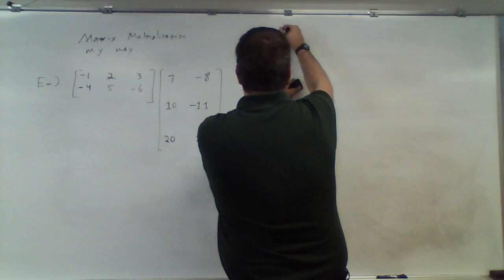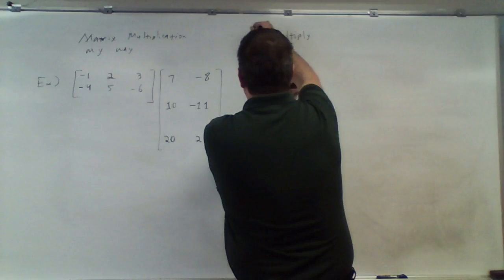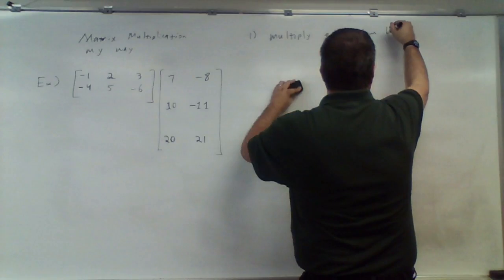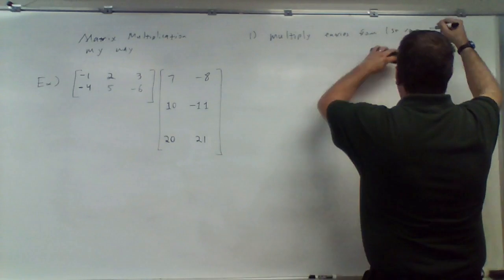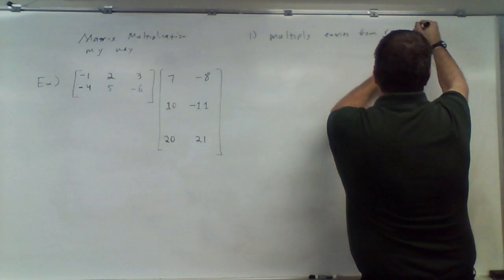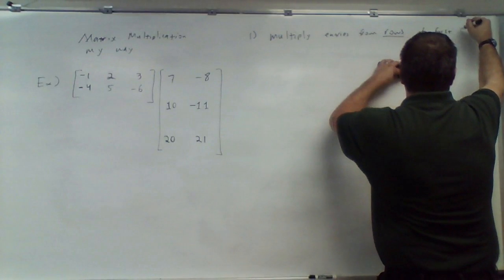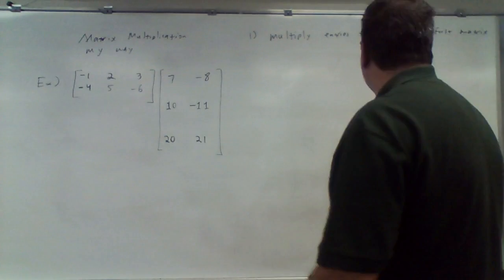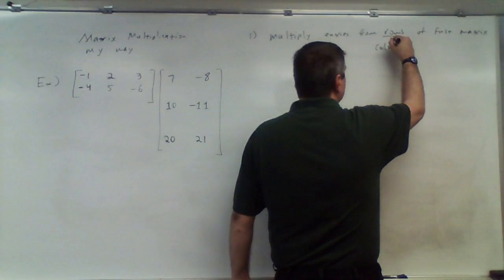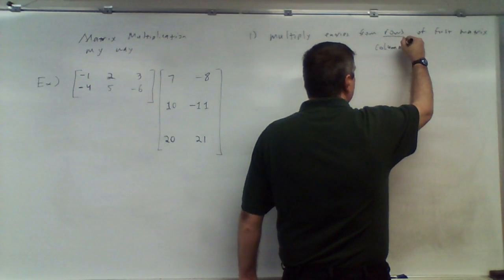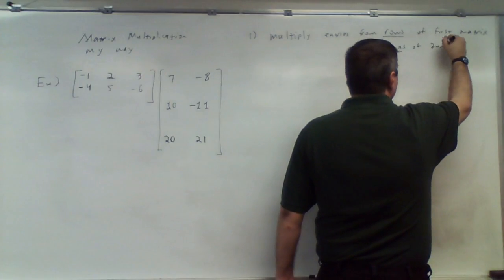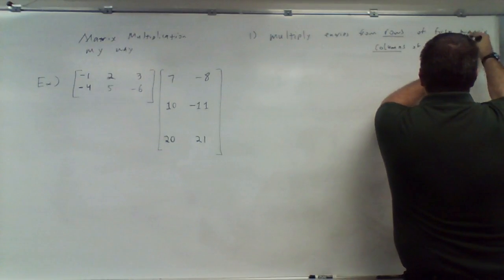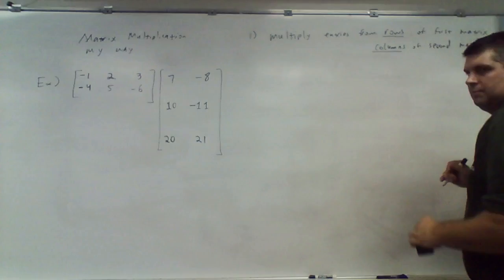You will be multiplying entries from the rows of the first matrix and columns of the second matrix.